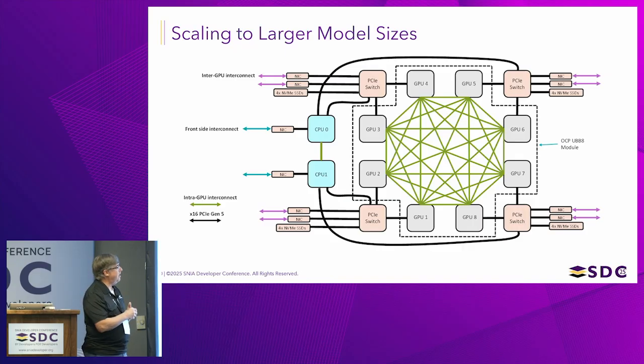This is an example of 8 MI300s put together. They use essentially an Infinity Fabric, which is our version of XGMI, to create a single memory coherent domain of all 8 GPUs, and then they have a pair of CPUs over there to basically control the traffic coming into the GPUs.